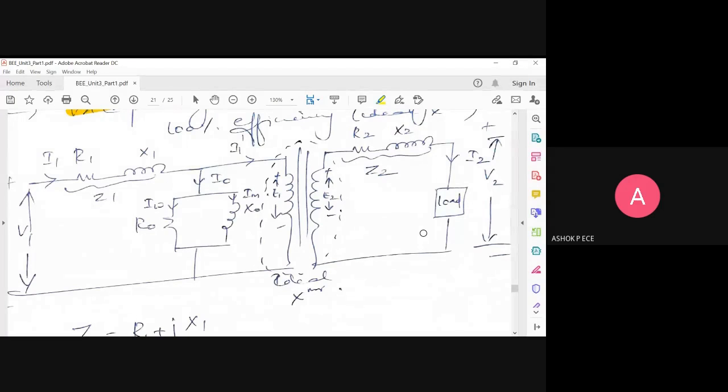So what you're seeing on the screen is the equivalent circuit of a practical transformer. Can you relate that to all the components we have studied?